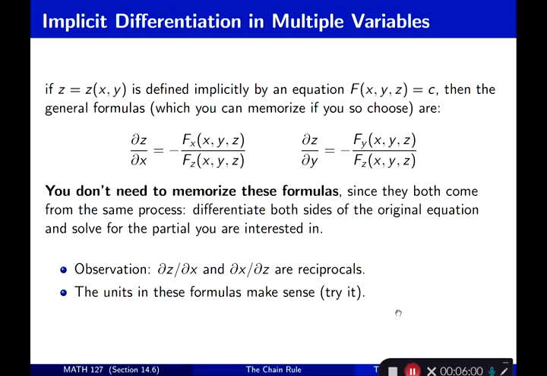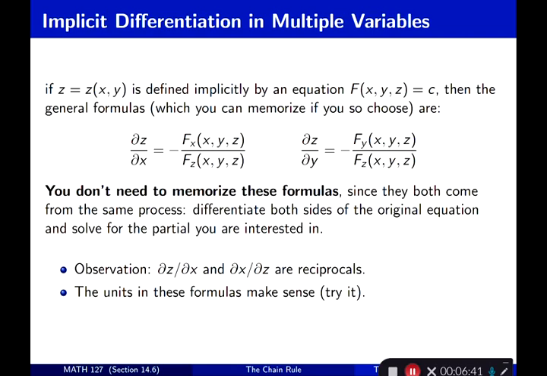So again, implicit differentiation, multivariables. If z is equal to z of x and y, as defined implicitly by an equation f of x, y, and z equal to c, then the general formula, which you can memorize if you want to, is: the partial of z with respect to x is equal to negative f sub x, the partial with respect to x of f at x, y, z, over the partial with respect to z of f at x, y, and z.